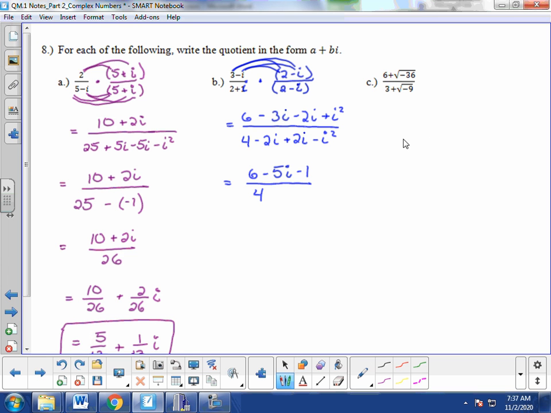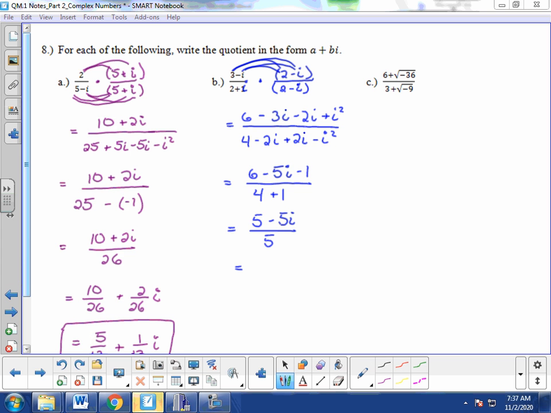The negative 2i plus 2i would cancel each other out, minus i squared, which is the same as minus negative 1. So essentially becomes 4 plus 1. Now, I can simplify the numerator a little further. 6 minus 1 would be 5, minus 5i, over 4 plus 1, which is 5.